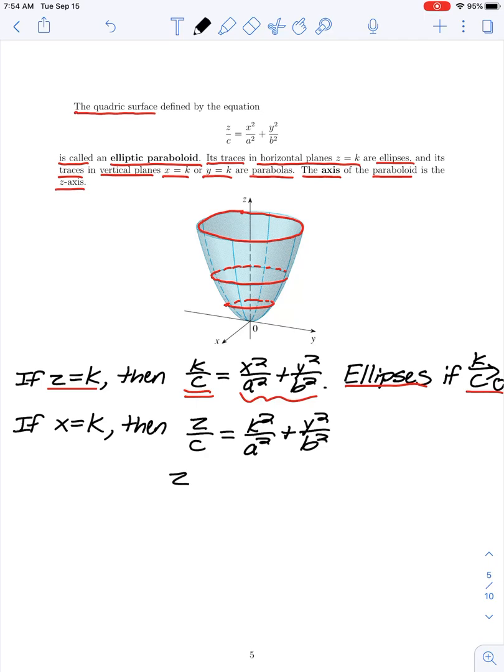Or rewriting this maybe just a bit, I would have z is equal to c over b squared, all times y squared, plus c times k squared over a squared.